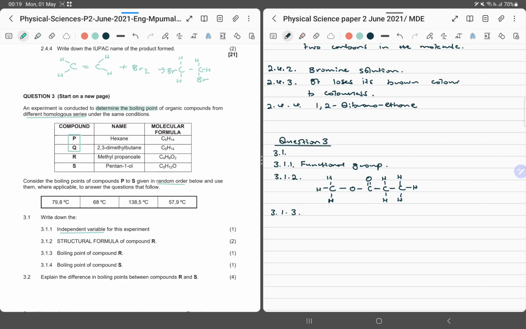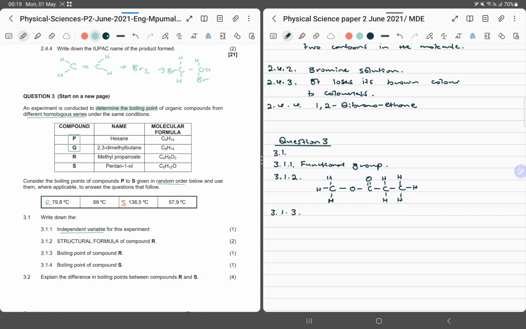Okay, so the one with the highest boiling point, which is 138, should be S, actually, the alcohol. And then the one that follows the alcohol, which is going to be the 79, should be R.